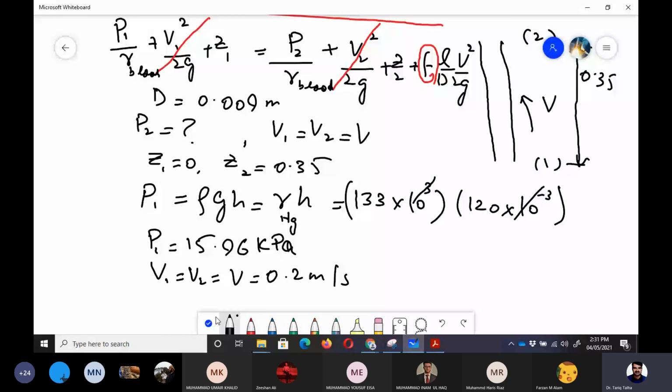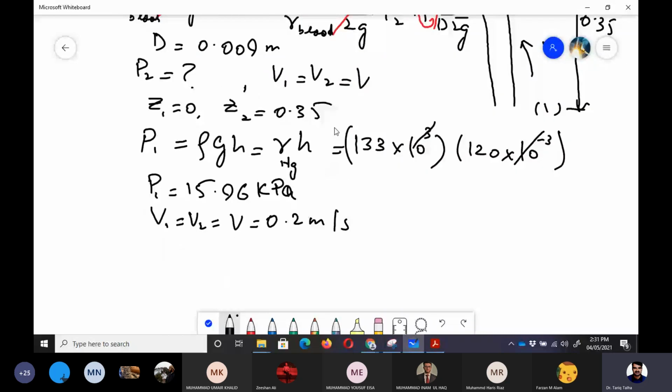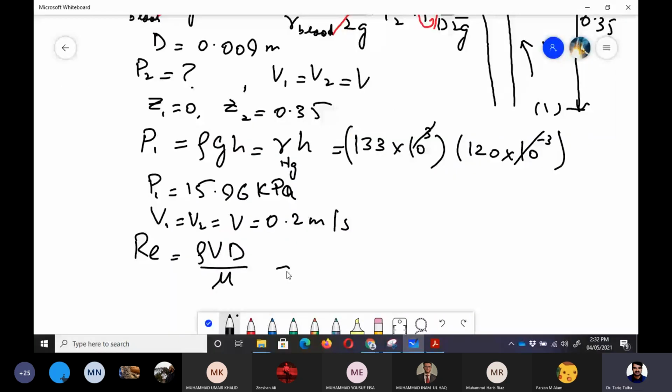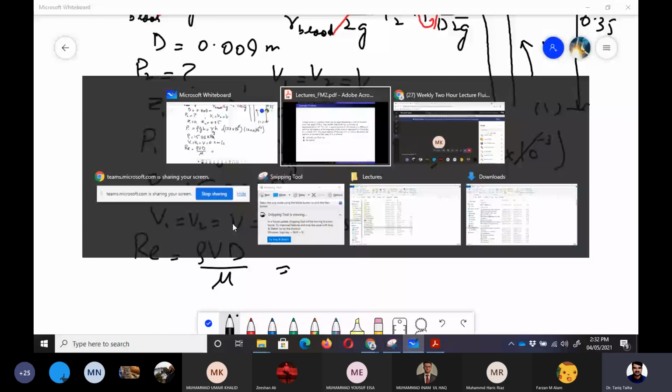To determine that, the Reynolds number needs to be calculated. That would be rho V D upon mu. Rho value is 999. Mu value is given, 0.004 Newton second per meter square. So if we put in the values, rho 999, velocity is 0.2 meter per second, diameter is, I think, 9 mm, so 0.009, and mu value is 0.004.